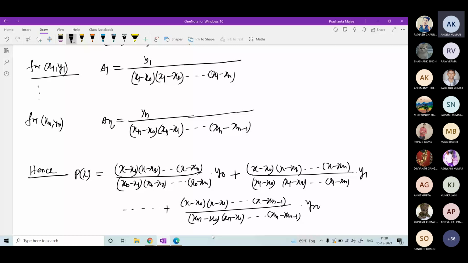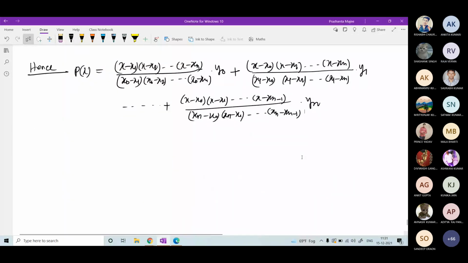Is it not? Yes, that is the first advantage. It is applicable to any kind of data. So let me write down the advantages.